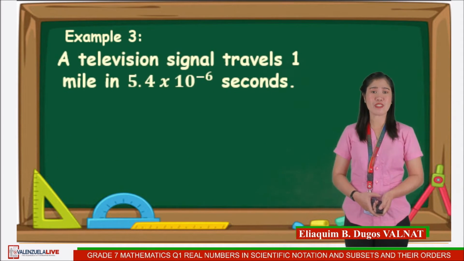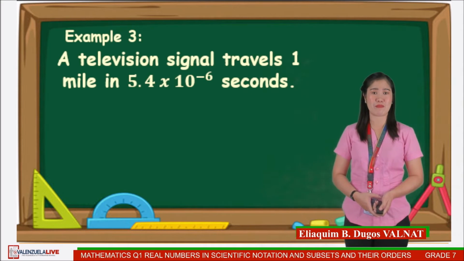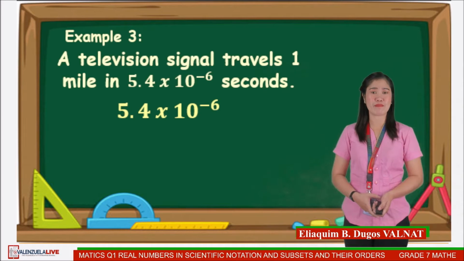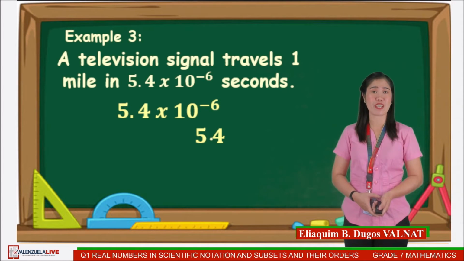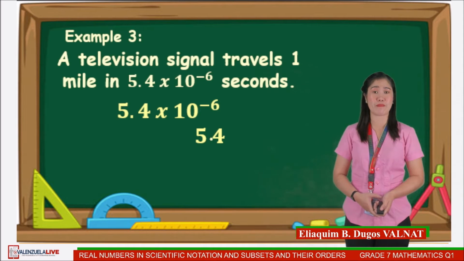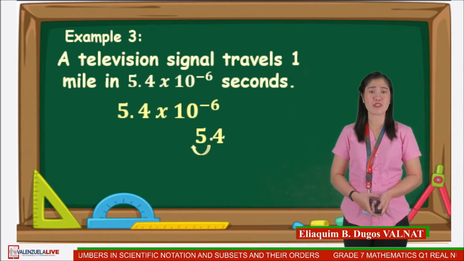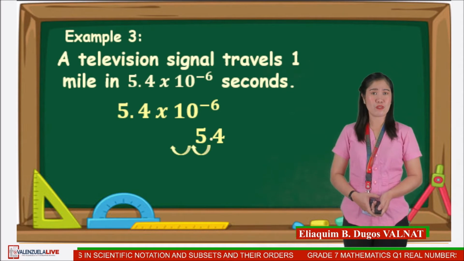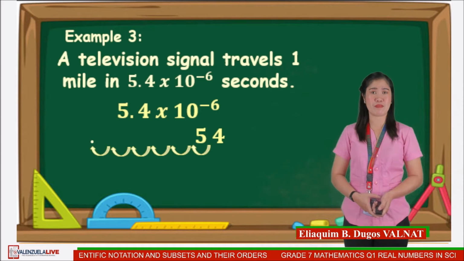Let's have our last example. A television signal travels 1 mile in 5.4 times 10 raised to negative 6 seconds. Write this number in standard notation. Write the first part of the scientific notation, and that is 5.4. Count 6 places from the decimal point to the left since the value of n is negative 6. 1, 2, 3, 4, 5, and 6.